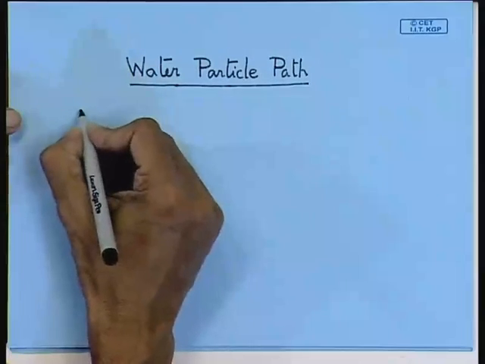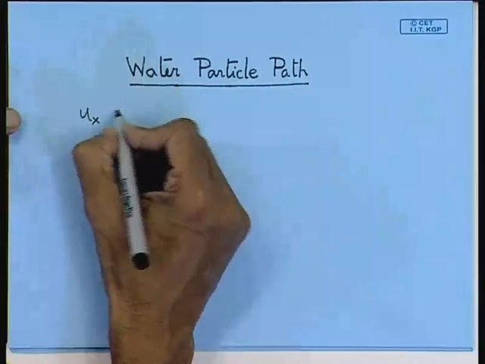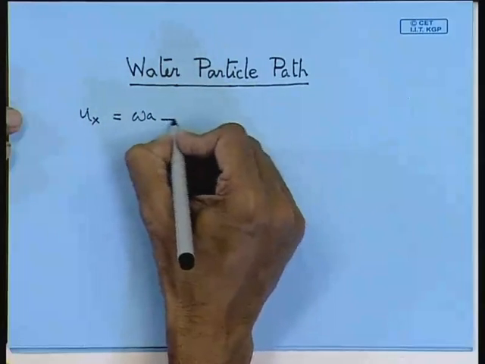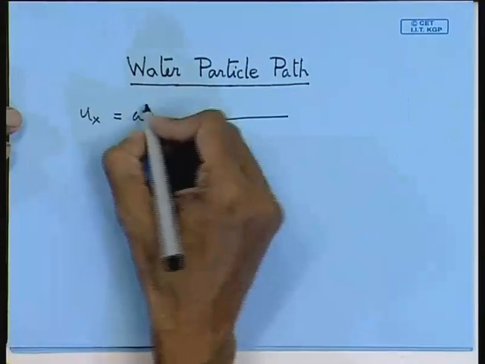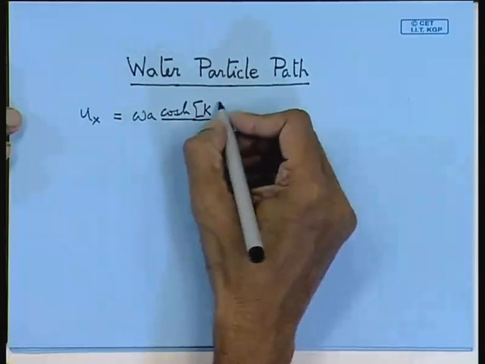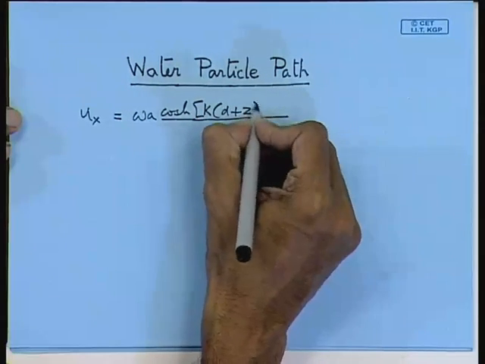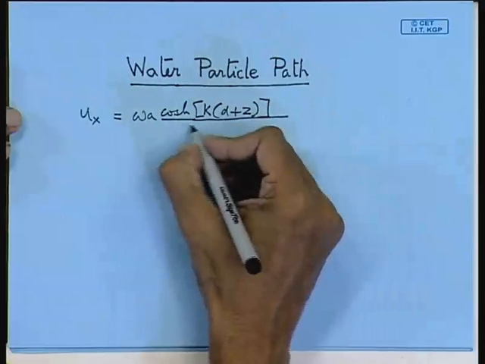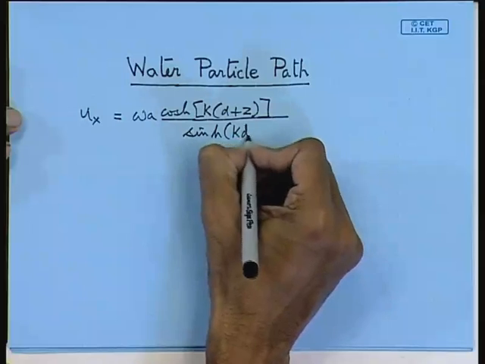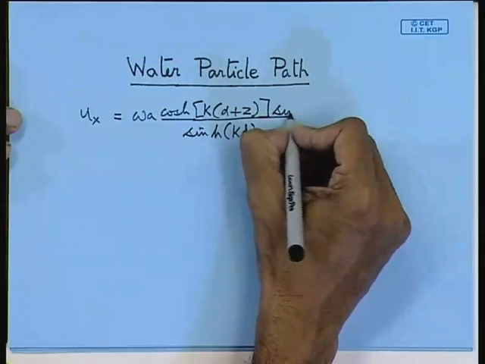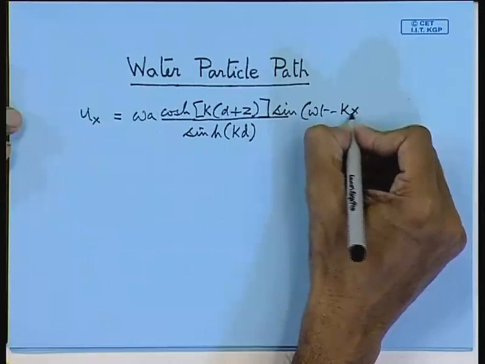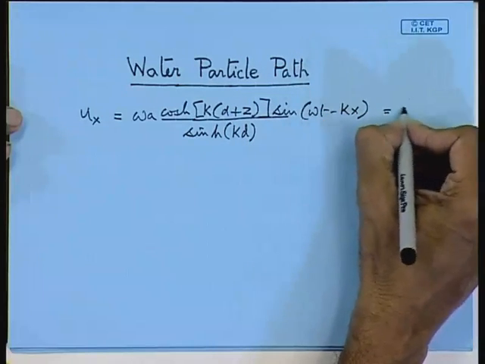So, that was ux, which equals omega a, a cosh term, with two terms: k into (d plus z), and sinh kd. And this is your sine term, sin of (omega t minus kx). This equals dx over dt.